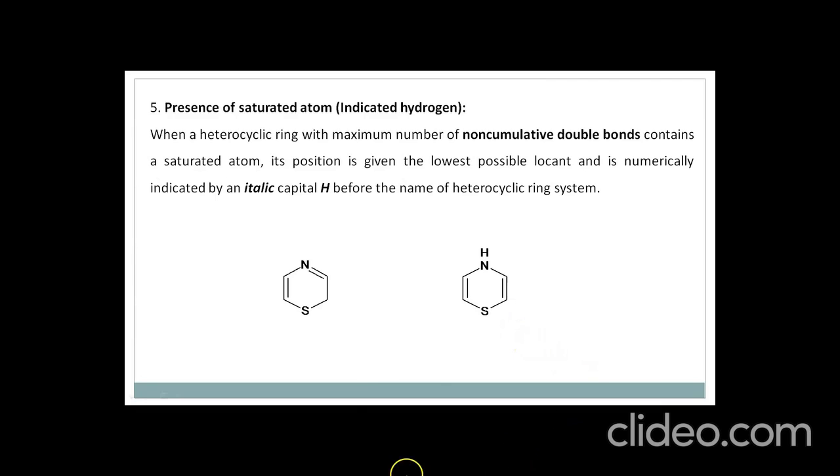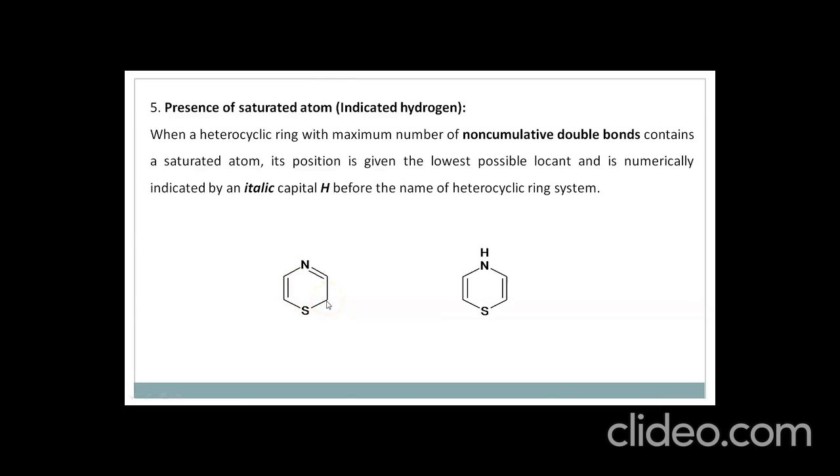So here is the example. In this ring the sulfur and nitrogen heteroatoms are present, and we have seen the previous rules for this. So you have to put the first number to this sulfur, and as it is an unsaturated ring, but non-cumulative double bonds are present, more hydrogens are present here.